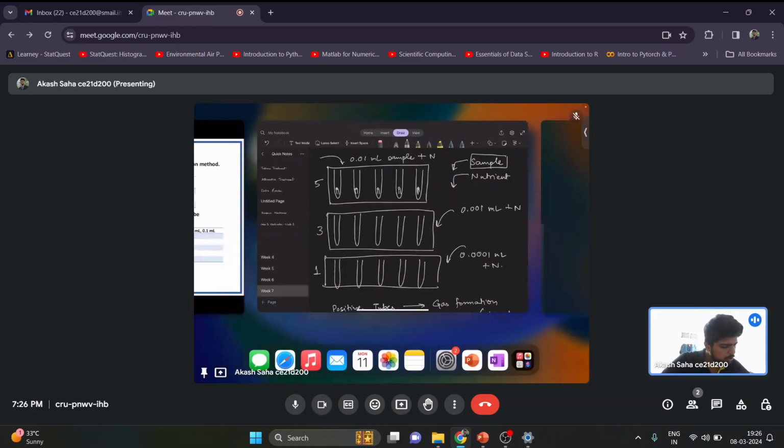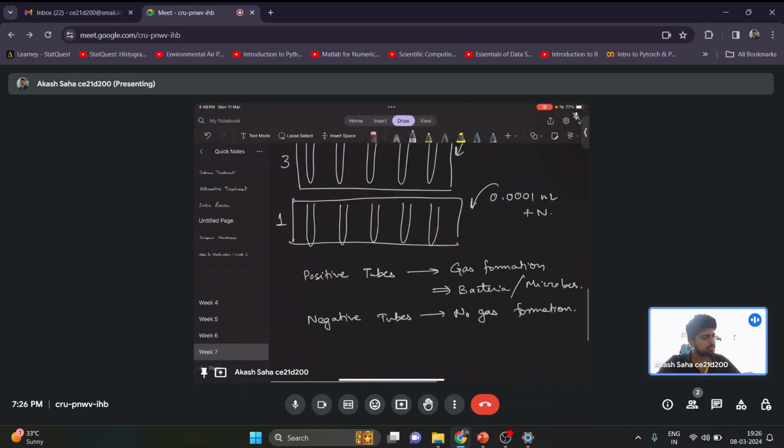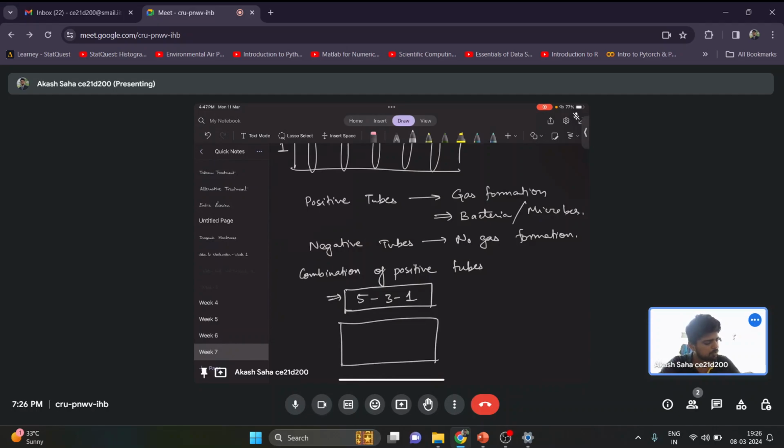So the combination of positive tubes is 5, 3, 1, corresponding to the first set, then the second set, then the third set. Now we will see the MPN chart.